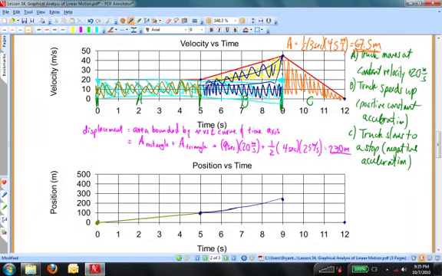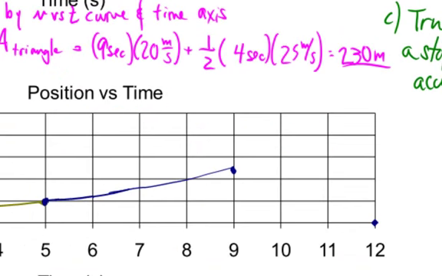So here I am at 230 meters at the end of the 9th second, and I'm going to travel another 67.5 meters. So 230 and 67.5 is going to be 297.5 meters, just under 300 meters. The object is slowing down, so this would be a concave down curve.